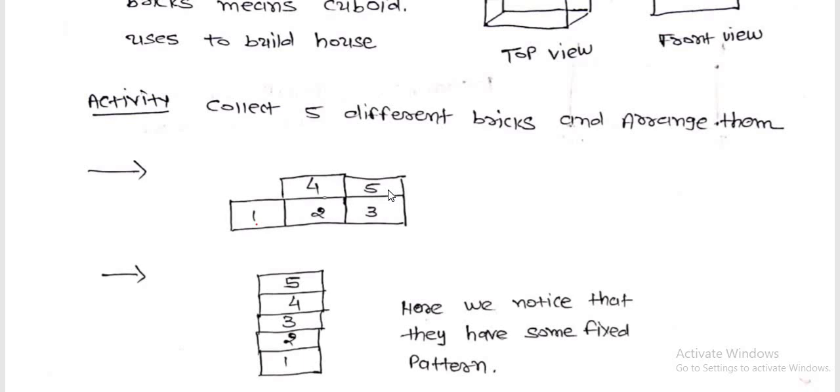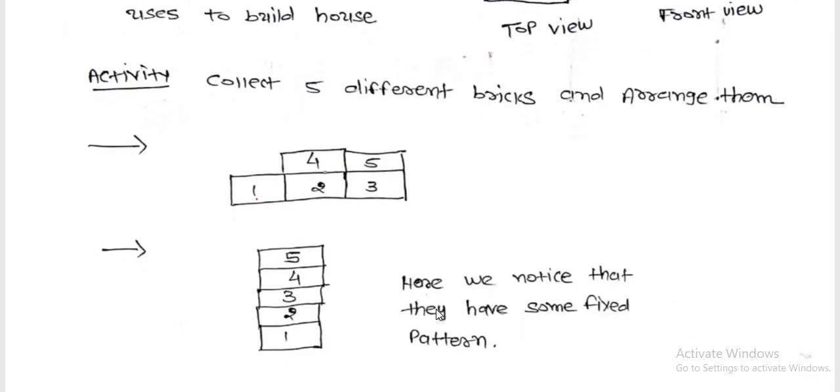You can notice here that both arrangements are different. You can arrange these 5 bricks in any way. So here we notice that when we arrange one or more bricks, they have some fixed patterns, and we are going to start learning about these patterns next.